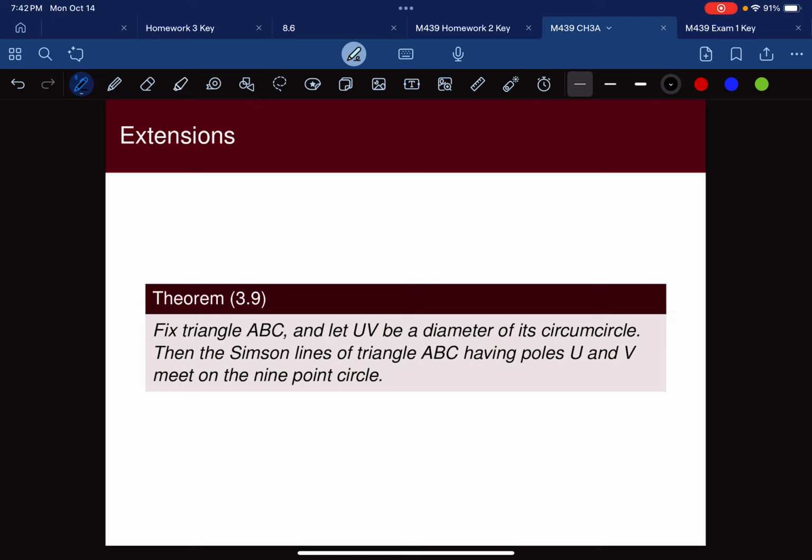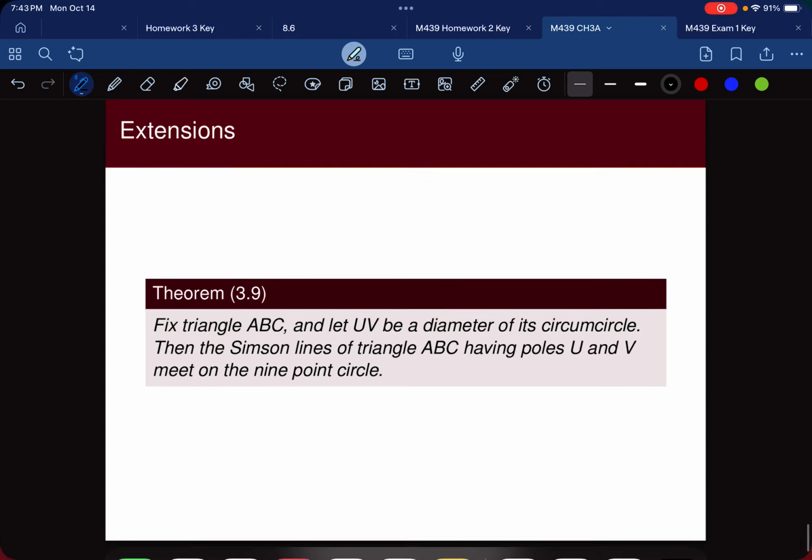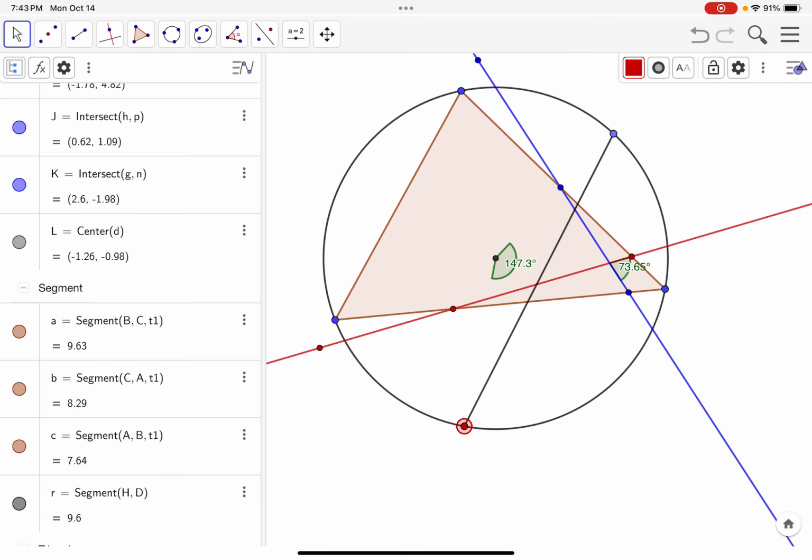So we choose U and V to be points on opposite ends of a diameter. So we know their Simpson lines are going to meet at a 90-degree angle. But the point of this is that that intersection meets on the 9-point circle. This really comes alive in GeoGebra, so I thought I would do this one in GeoGebra as well.